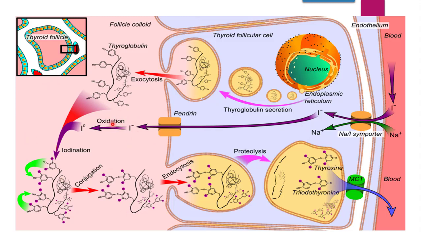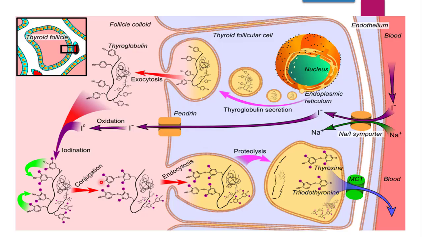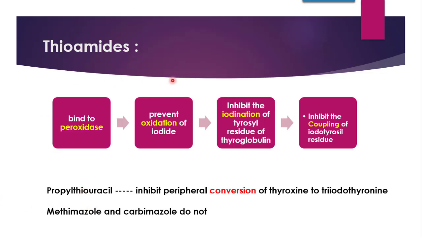They will prevent the oxidation by binding to the peroxidase enzyme, then they will prevent the iodination of this tyrosyl residue, and then they will inhibit the coupling of iodotyrosyl residue. That means here this coupling of tyrosyl residue will be inhibited. These are the target areas for thioamide drugs. So carbimazole and methimazole have this mechanism of action.